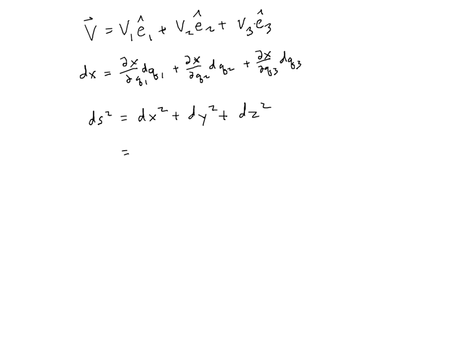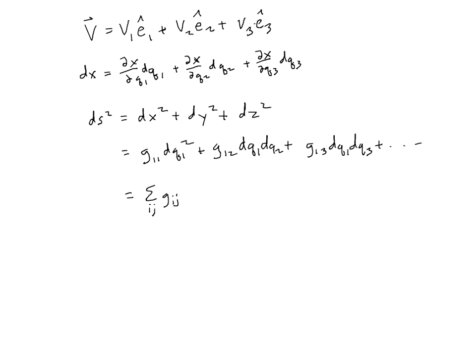And in generalized coordinates, this is equal to g11 dq1 squared plus g12 dq1 dq2 plus g13 dq1 dq3, etc. And you can write that as just the sum over i and j of g_ij dqi dqj.